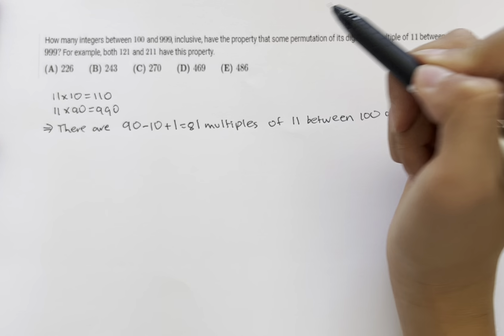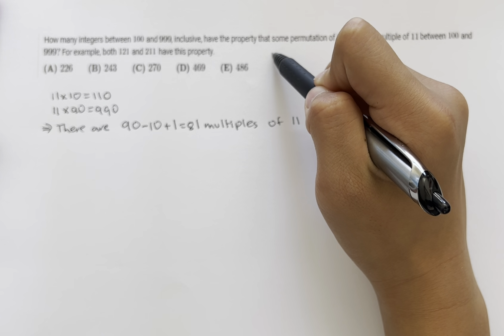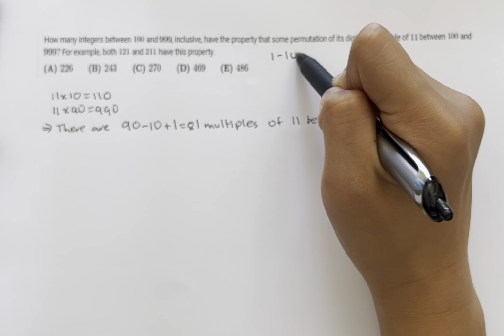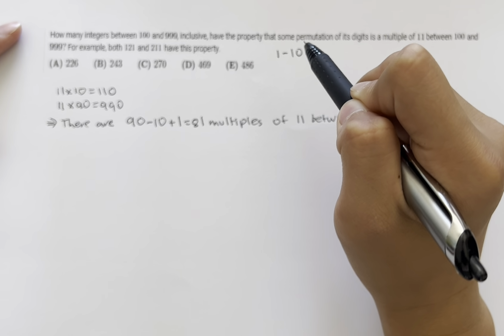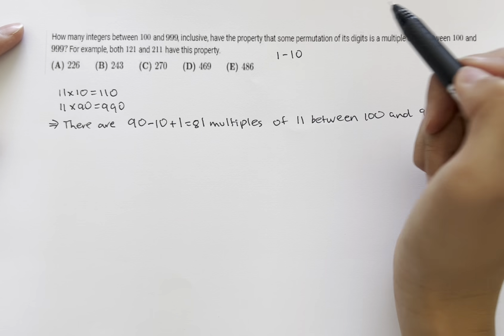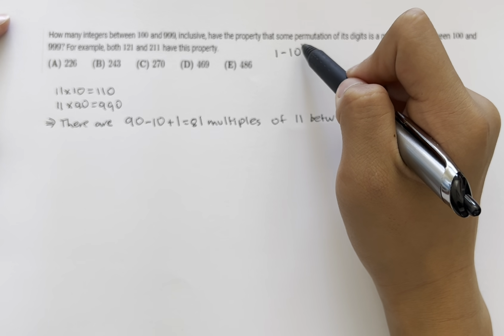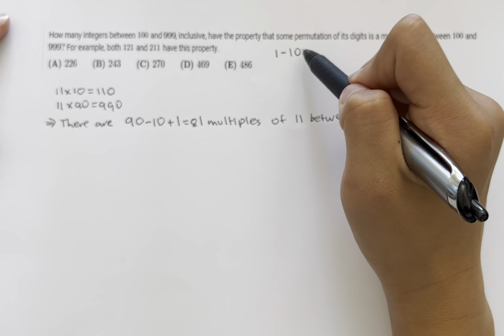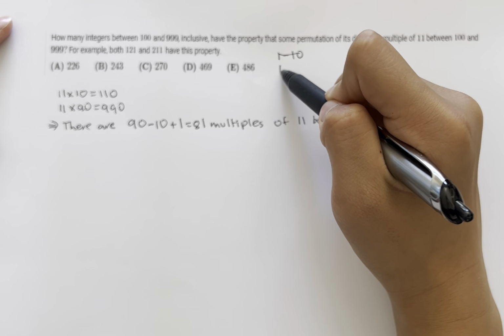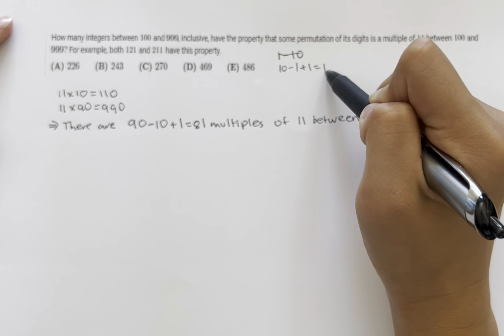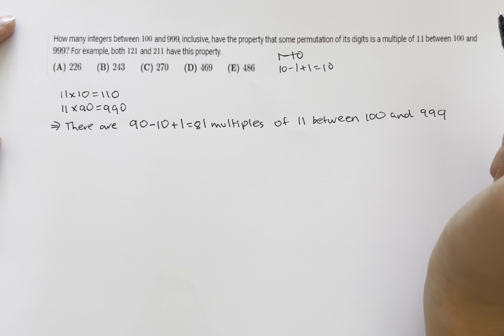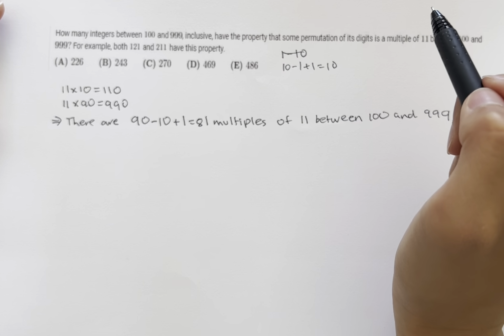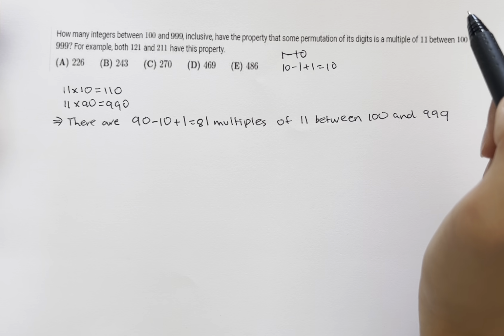An obvious example: if you want to find the numbers from 1 to 10, that will obviously be 10 numbers, and that equals 10 minus 1 plus 1, which is 10. So that's why there's 81 multiples, not 80.